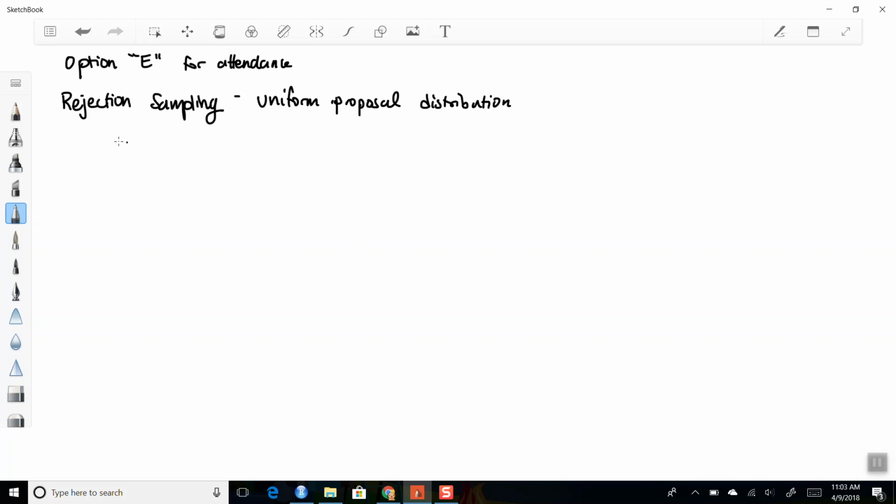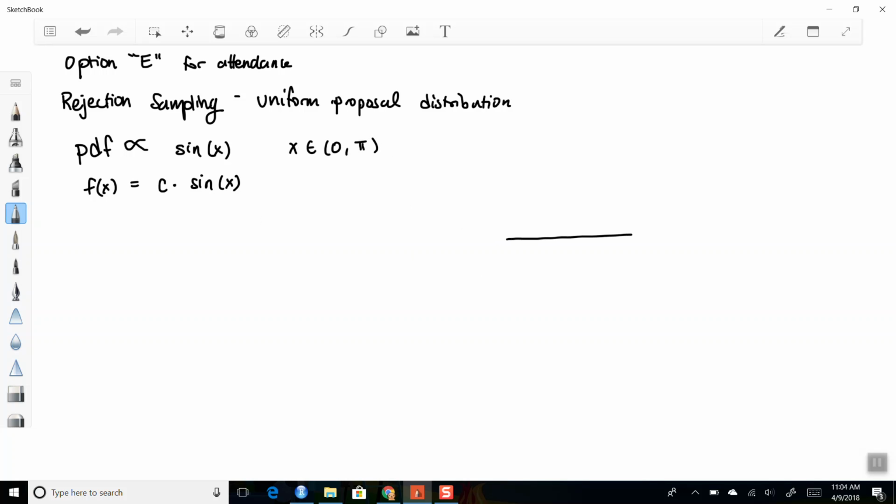And we said our desired PDF is going to be proportional to sine of x, or in other words, f of x is equal to some constant times sine of x, and x is on the interval 0 to pi.